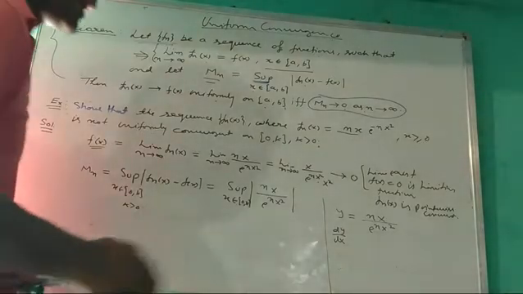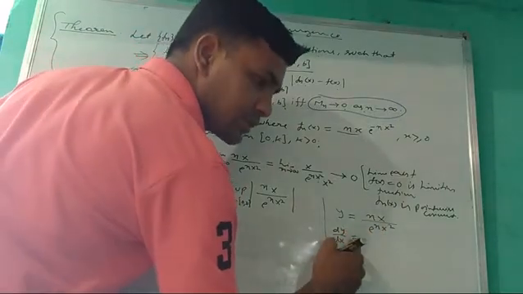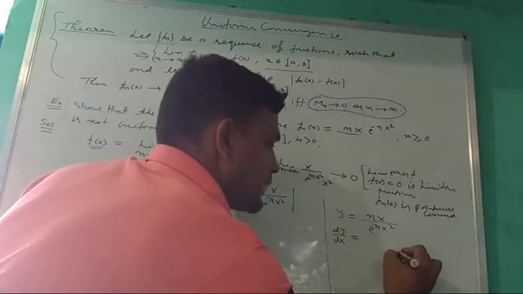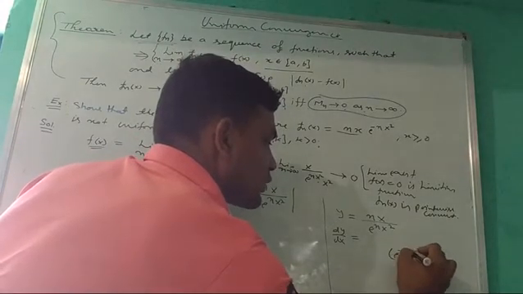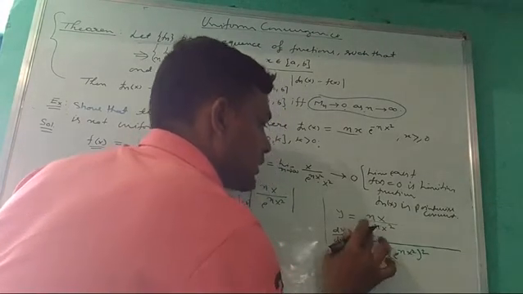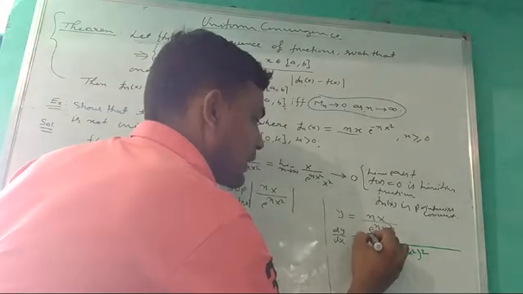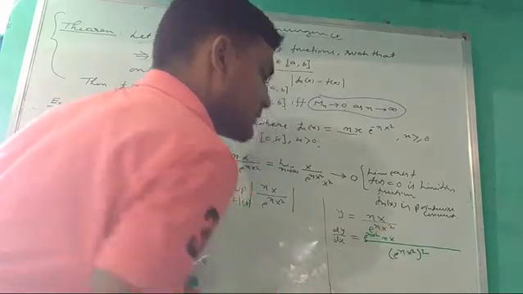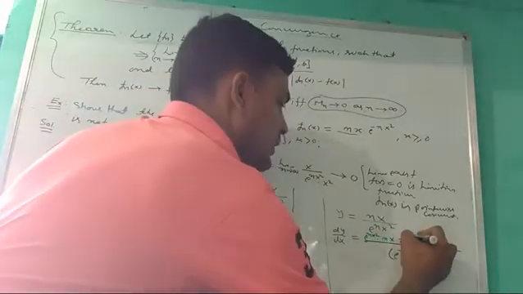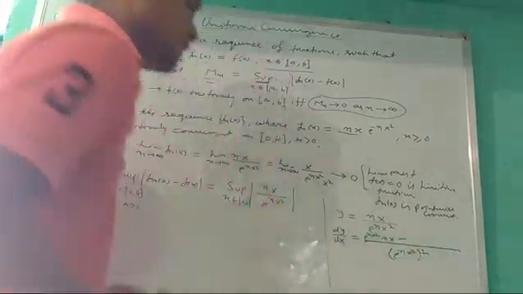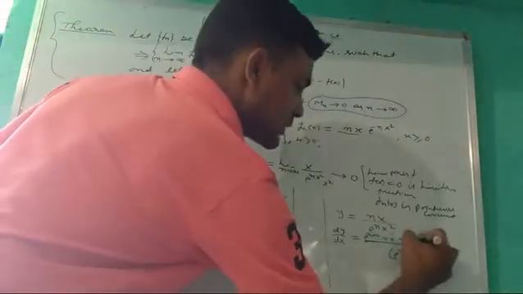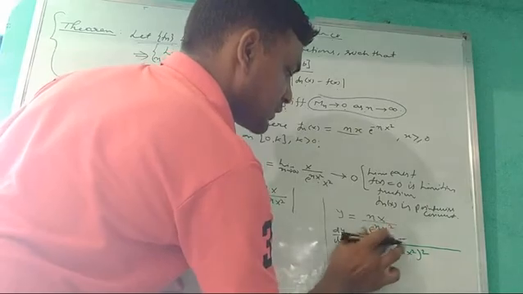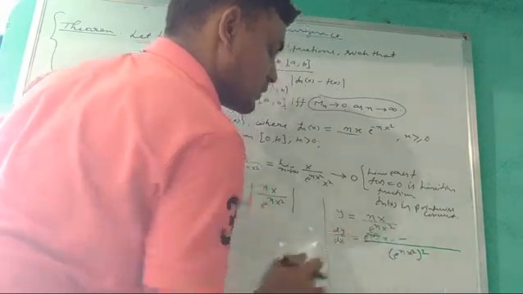The differentiation of this function is: the denominator e to the power n x square squared, and in the numerator we have e to the power n x square times the differentiation of n x, minus the first function as it is, n x, times the differentiation of e to the power n x square with respect to x. Okay.